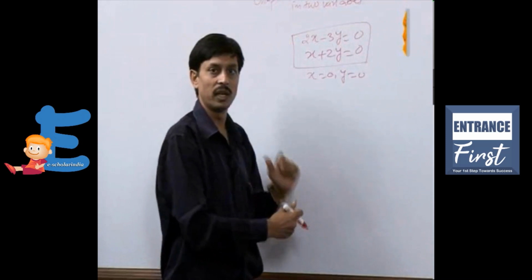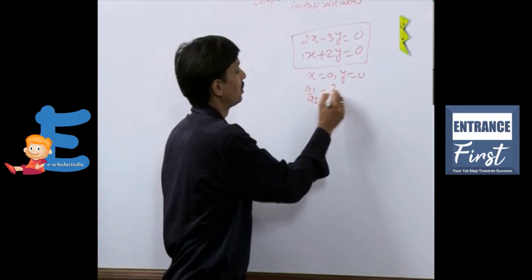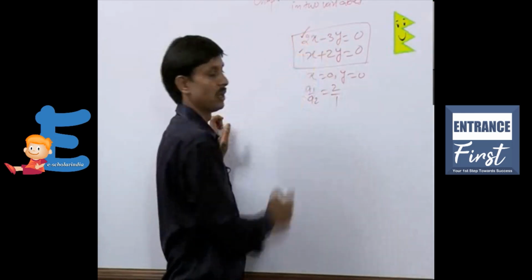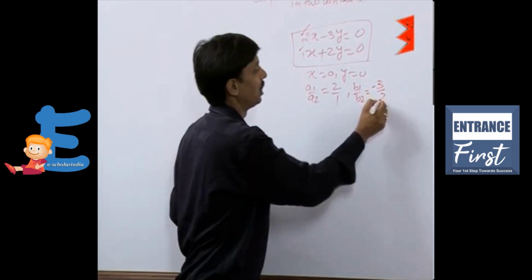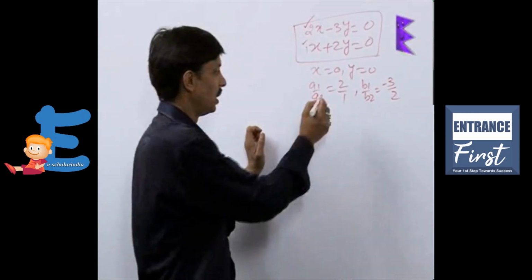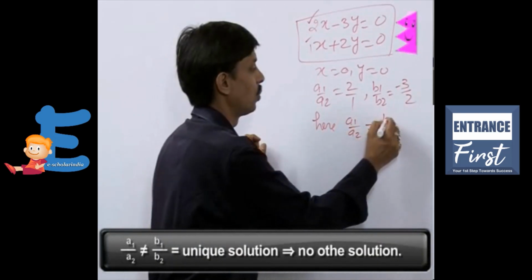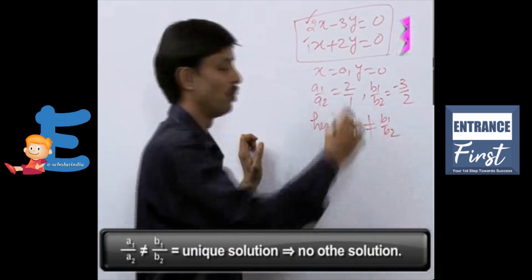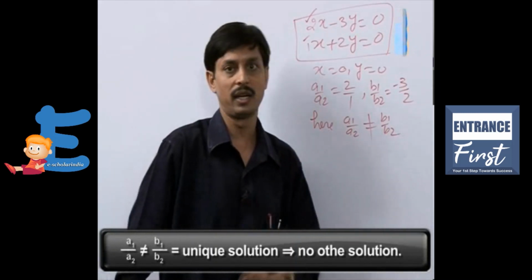So for this question, we are finding A1 upon A2 is 2 upon 1. This is 2, this is 1. B1 upon B2 is minus 3 upon 2. Here it is clear that A1 upon A2 is not equal to B1 upon B2, which satisfies our set of the unique solution, or intersecting lines.